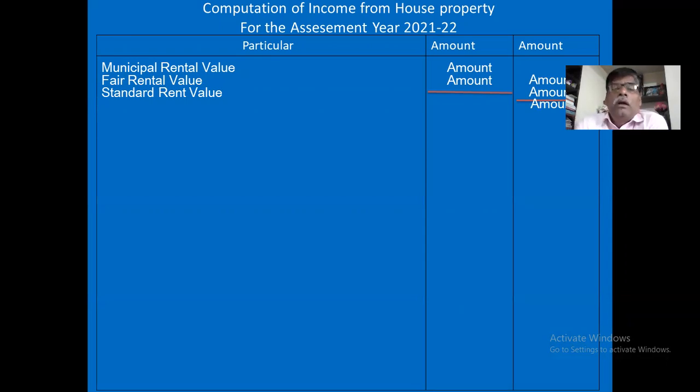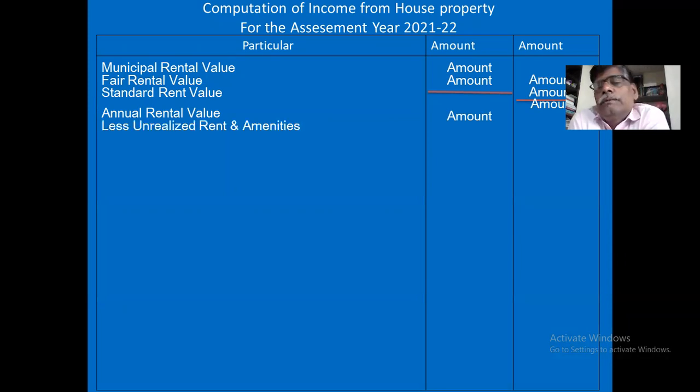And then you take the annual rental value. Annual rental value means it is the rent of the building for 1 year. In that rent, you deduct unrealized rent and amenities.